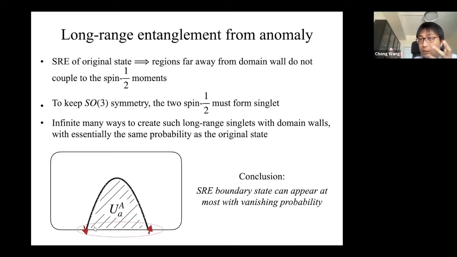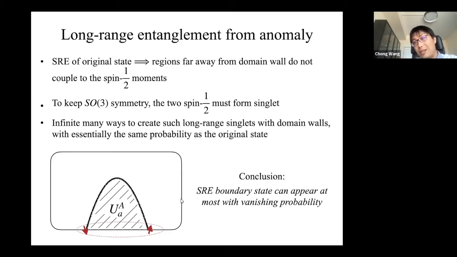So without decreasing realization probability, I've created a singlet that's arbitrarily long ranged. And there are infinitely many ways to do such things. I can create another domain wall here, another one here, and if I'm in the thermodynamic limit, there are infinitely many such ways, all with essentially the same probability as the disorder realization of my original state, which was assumed to be short-range entangled.